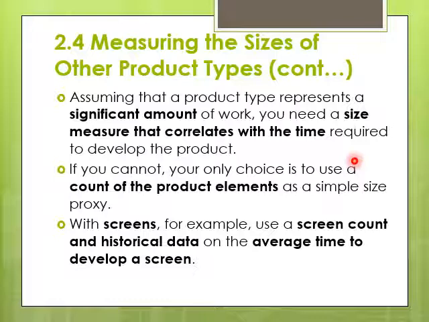If you can't, your only choice is to use a count of product elements as a simple size proxy. With screens, for example, you are not likely to find a simple measure that correlates with development time. In this case, use screen count, and you can do as well with historical data on the average time to develop a screen.